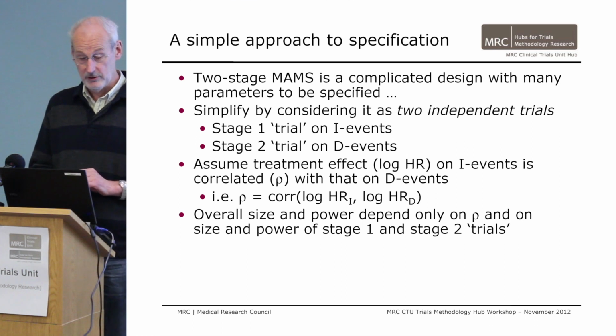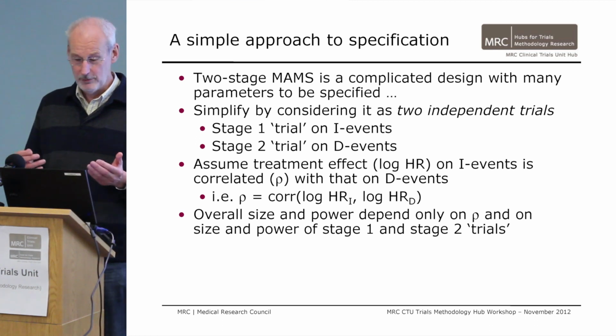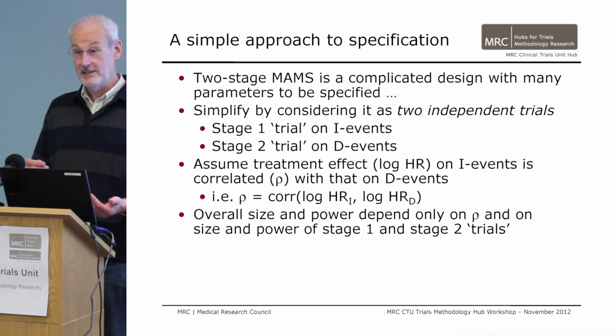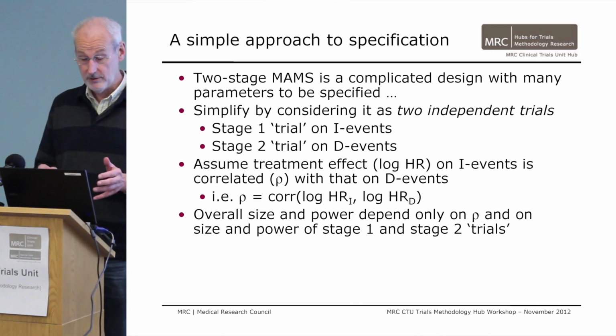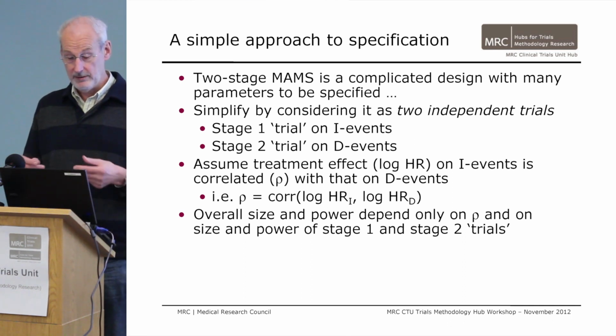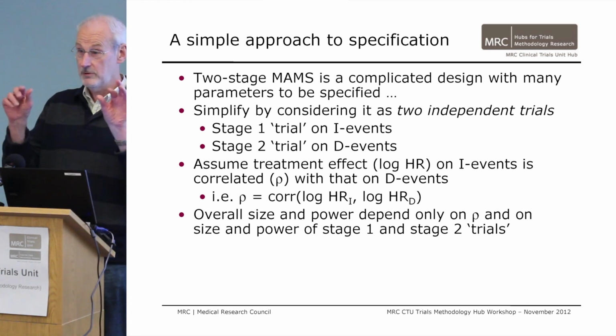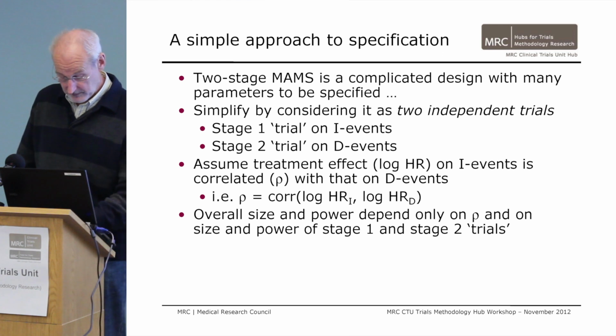If there isn't, then you do worry about the surrogacy, if you want to put it that way, or whether it's a valid intermediate outcome. So we're going to assume there is a correlation. And then having got that, the actual overall type 1 error and power depend only on the correlation and on the individual stages of the 2 pseudo trials that you've got.